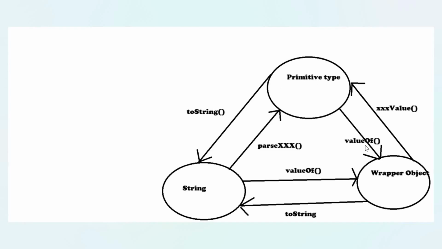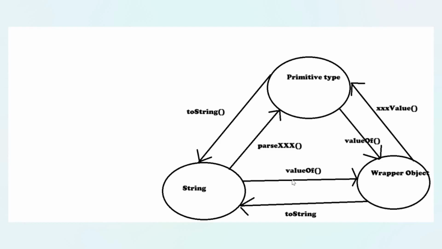So valueOf, what does it do? Whatever primitive we have, suppose int, it will convert into a wrapper class: int to Integer, float to Float. I think it should be clear what a primitive is and what a wrapper is, so then you can understand valueOf is converting primitive to wrapper.